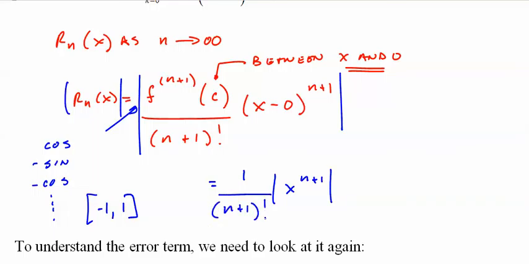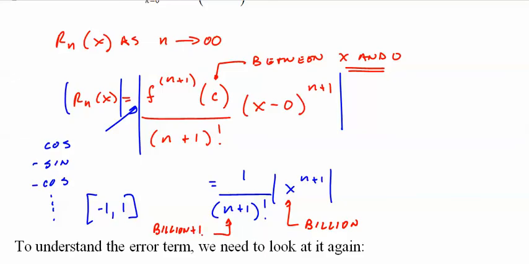And here is the important part. Factorial will grow faster. No matter what x you pick, I pick a billion, eventually that factorial, as n goes to infinity, will become bigger than a billion. Factorials grow faster than anything.